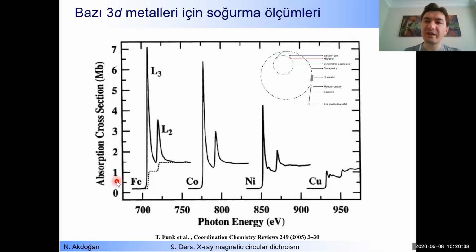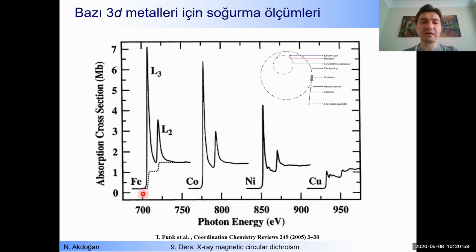Depending on the element under investigation, you can get signals in different energy ranges. Here you can see iron, here cobalt, here nickel.